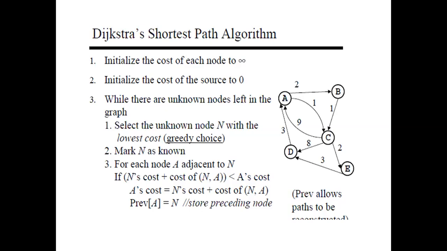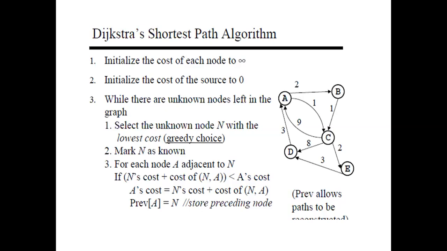Then in the next step we mark n as known, that is, we include it in the first set of vertices. Then the third step is, for each node A adjacent to n, if n's cost plus cost of (n, A) is less than A's cost, then we change A's cost.